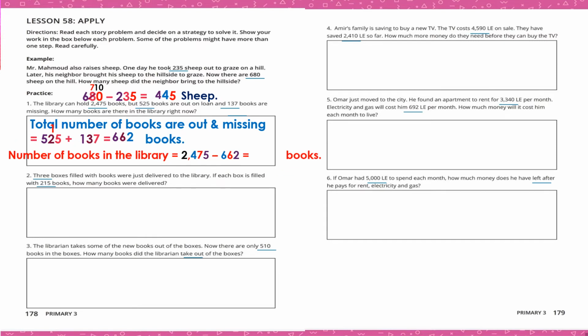The number of books in the library now, you should make subtraction. Subtraction, the total of all books minus the missing books to get the number of books in the library now.